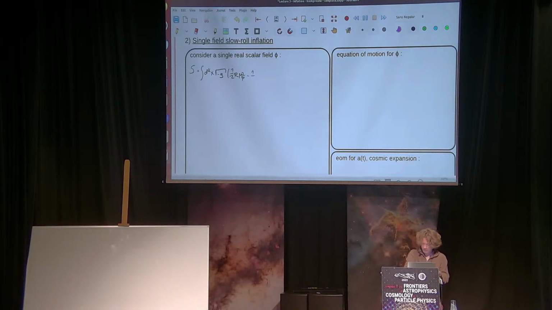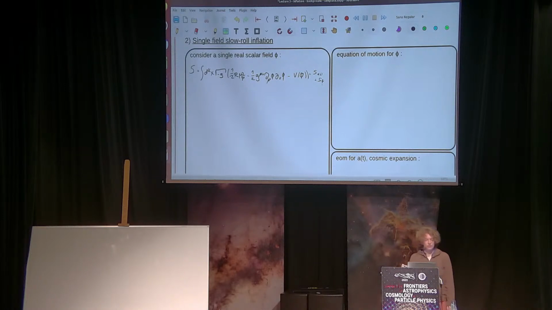Then we have the kinetic term for our scalar. And we have some potential term for our scalar, which I won't specify now. The first part of this is just the Einstein-Hilbert action, and the second part is the action from a scalar field.